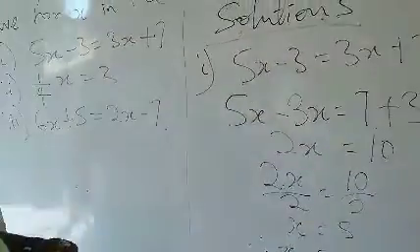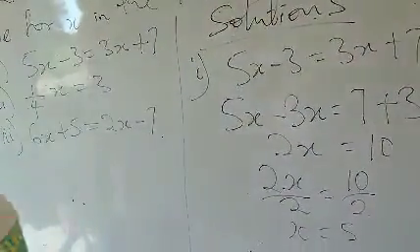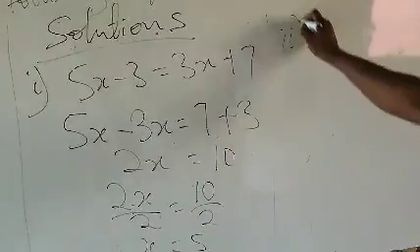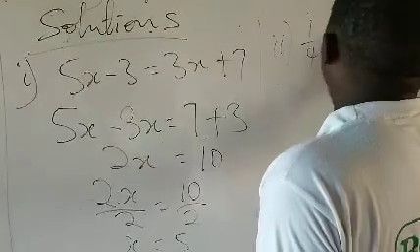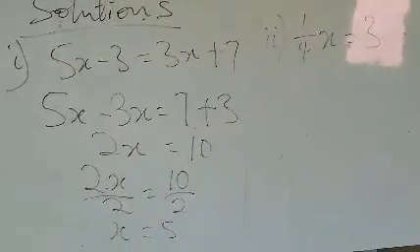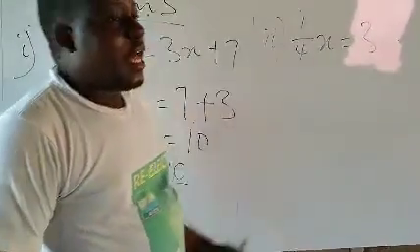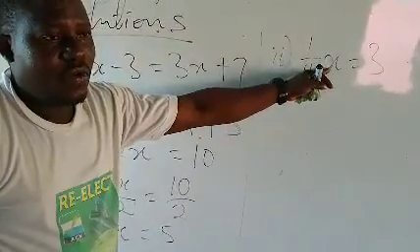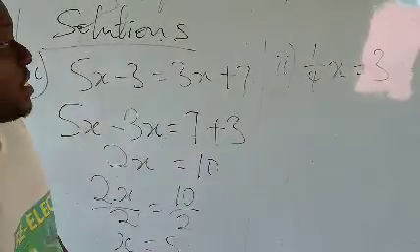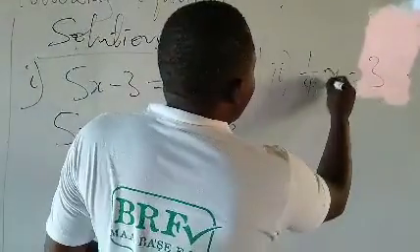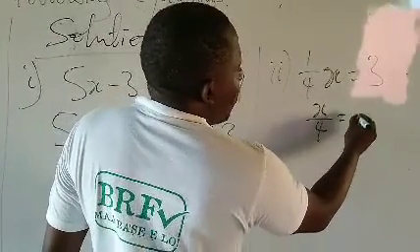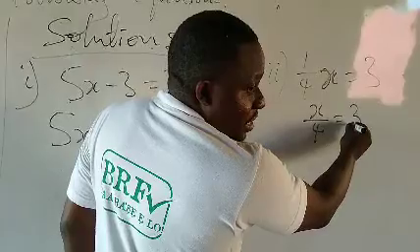Now, we finish with the first question. Now, let's solve the second one. The second one says 1 over 4 x equals 3. Now, what is the coefficient of x? 1 over 4. It can be written as x over 4 equals 3.